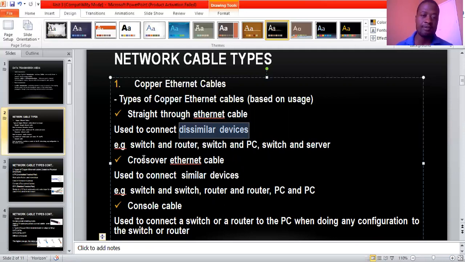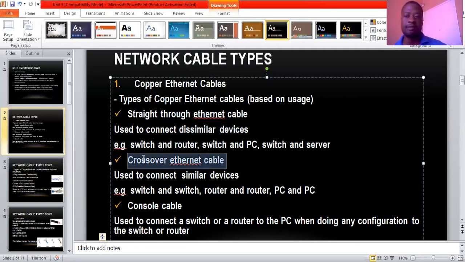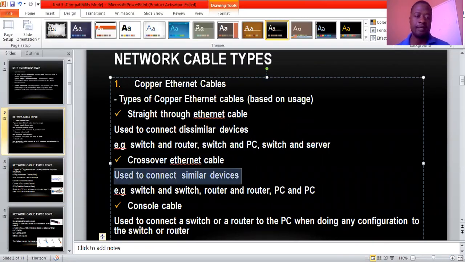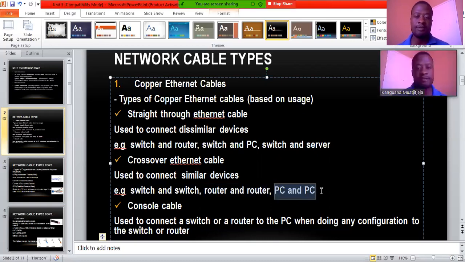We also have what we call the crossover Ethernet cables. Okay, so the crossover Ethernet cables are opposite to the straight-through cables. The crossover Ethernet cables are used to connect similar devices, for instance a switch and a switch, a router and a router, a PC to a PC.